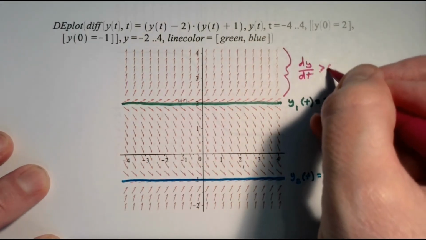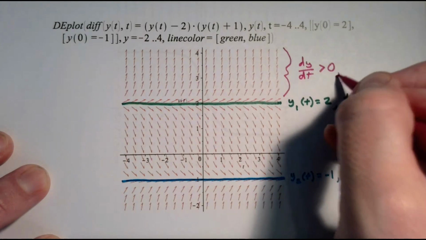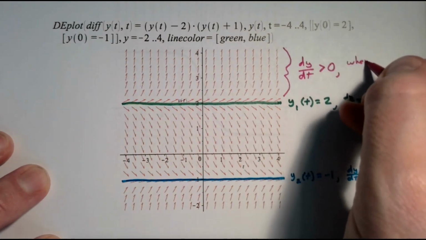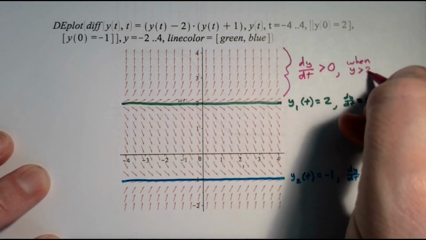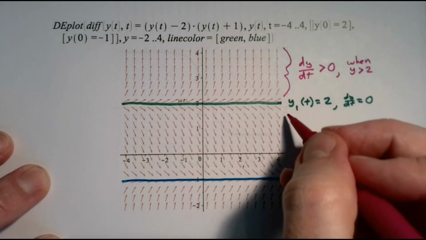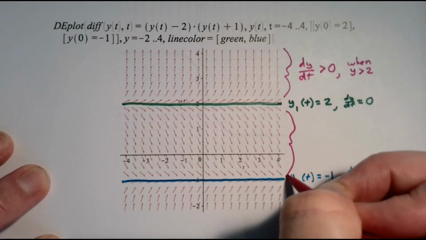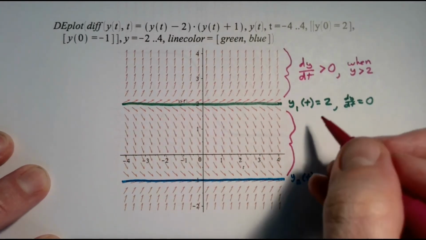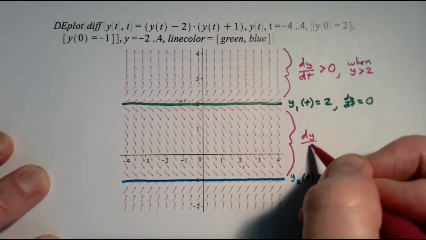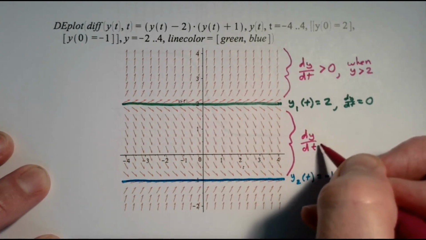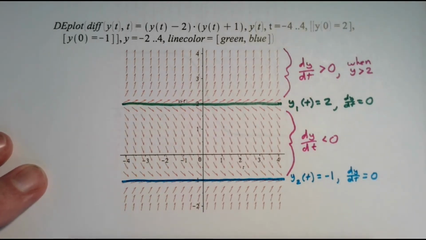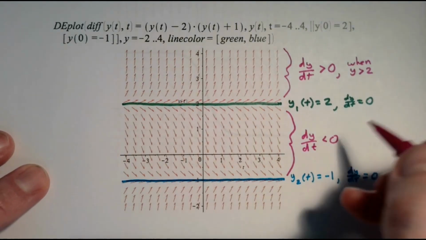So they're all greater than 0. And so it's guaranteed your derivative is going to be greater than 0 when your y value is greater than 2. Likewise, in between our two equilibrium solutions, all of these slope field lines are generally pointing down, so the derivative is negative.